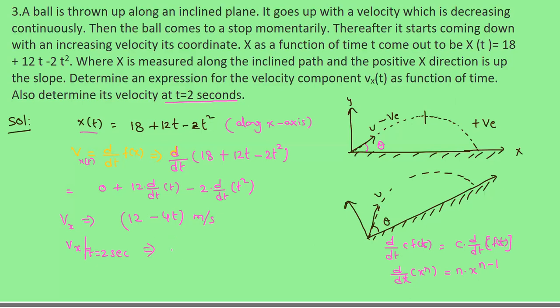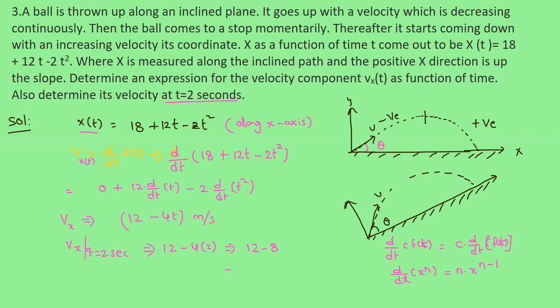Then 12 minus 4 times 2, since time is given as 2 seconds. 12 minus 8 gives 4 meters per second.